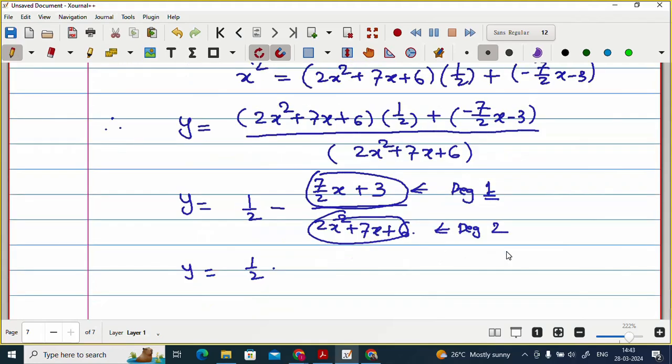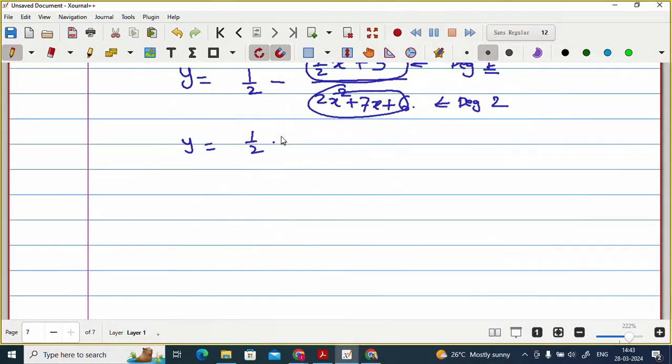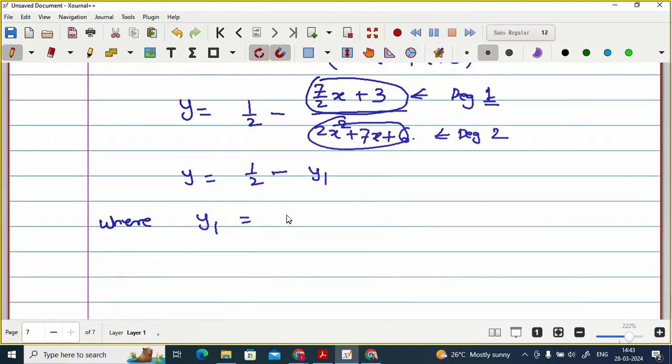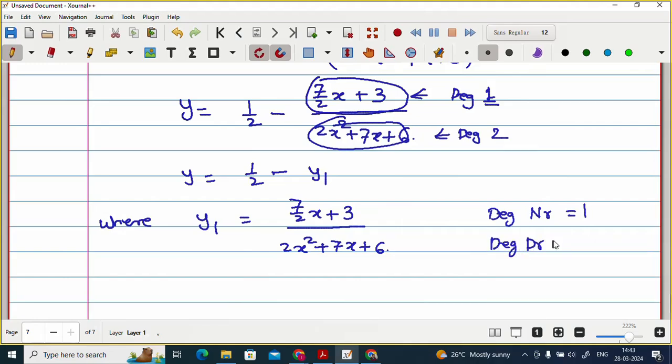So y is equal to, suppose I call this y1, where y1 means 7/2 x plus 3 divided by 2x square plus 7x plus 6. Degree of numerator is 1 and degree of denominator is 2.